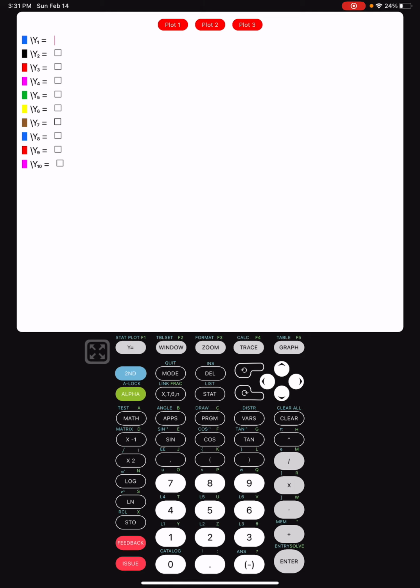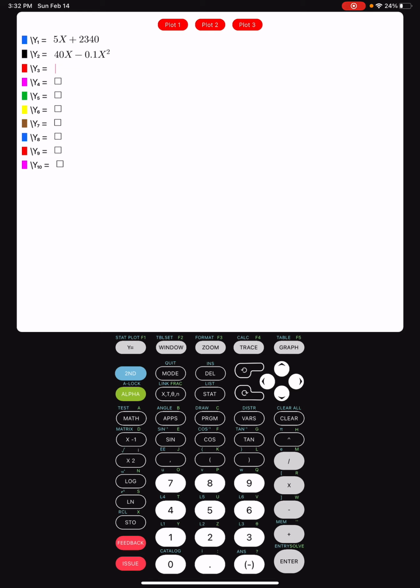We'll use this. Let me start with the C of x. C of x was 5x plus 2,340. This black line will represent my R of x, which is 40x minus 0.1x squared.